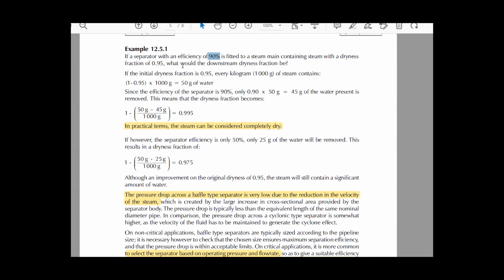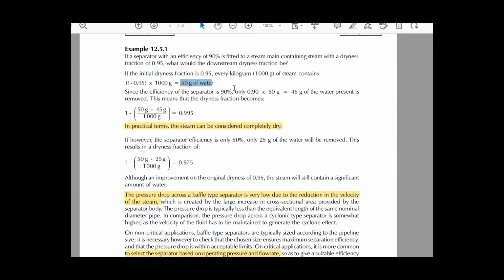So I have the efficiency of the separator and the dryness factor. When I assume the amount of steam is 1 kilogram, 1000 gram, so 1 minus 0.95 multiplied by 1000, so 50 gram of water is the total amount of water entrained in the steam.